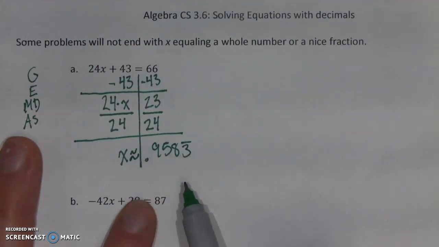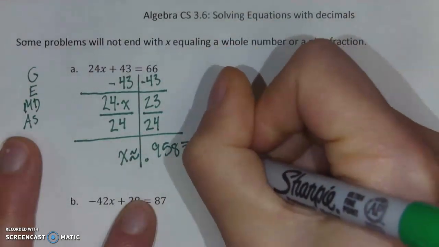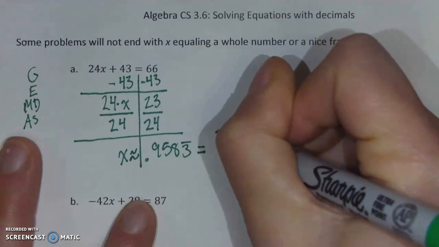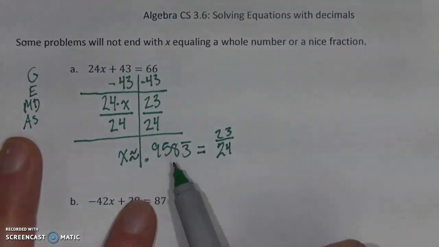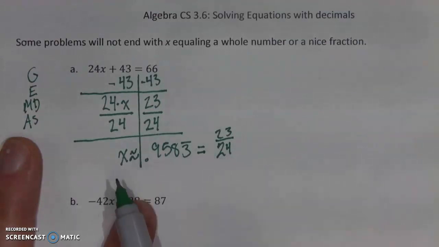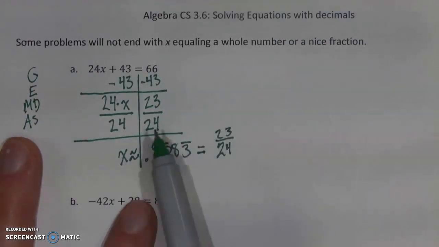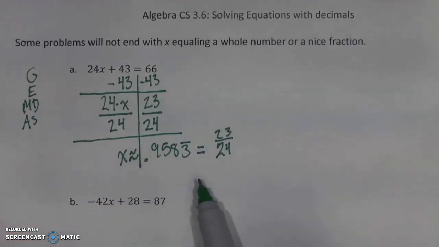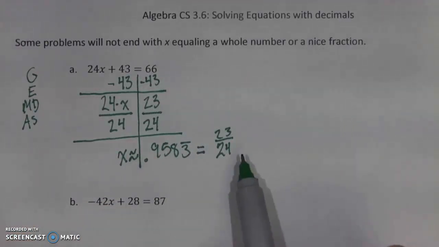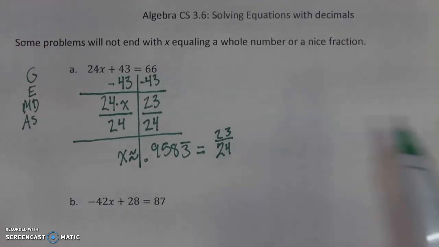That means it's about that. Or you could say it's exactly equal to 23 over 24. Now, either of these answers would be considered correct. And we have seen answers like this before. The key thing that's going to change when you have a decimal answer is that checking your answer is going to get, well, a little bit messy.